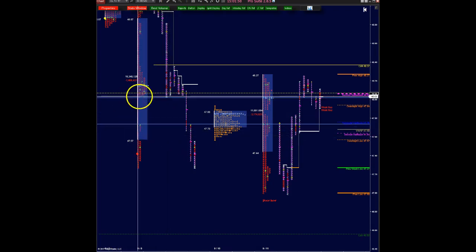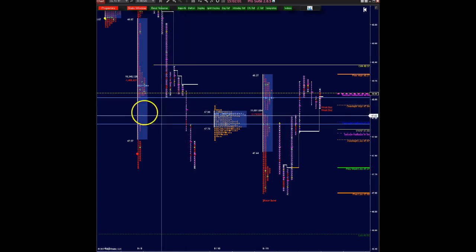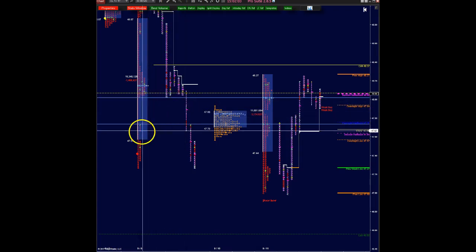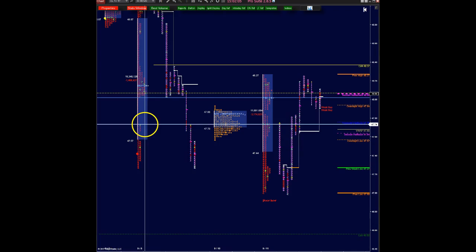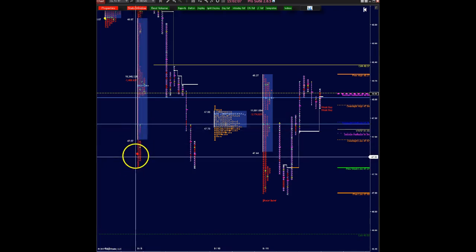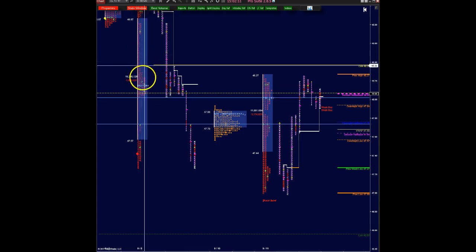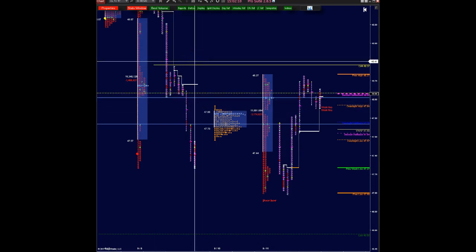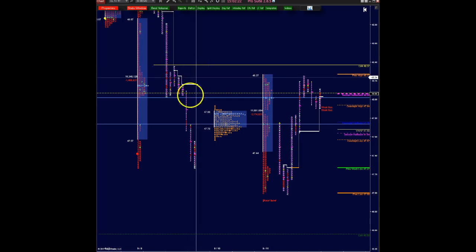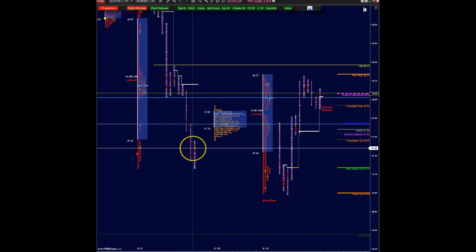You see we have a single print here in between these lines, because this is the high of the late distribution on the downside, and this is the bottom of the middle distribution we had on Friday. So re-entering that range was considered significant for me, and staying below that line was also considered significant for me.